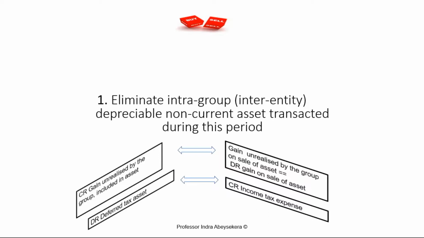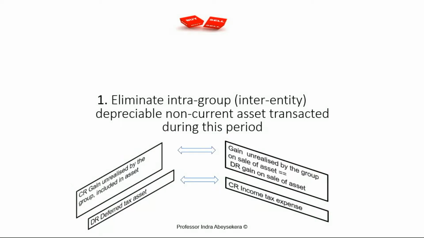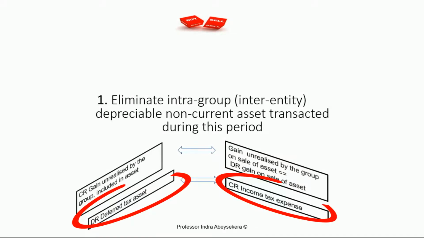So in consolidation, to correct this situation, we need to eliminate these components. And when we eliminate these components, because we are changing the gain situation and the overvaluation situation, it will give rise to taxation impact.